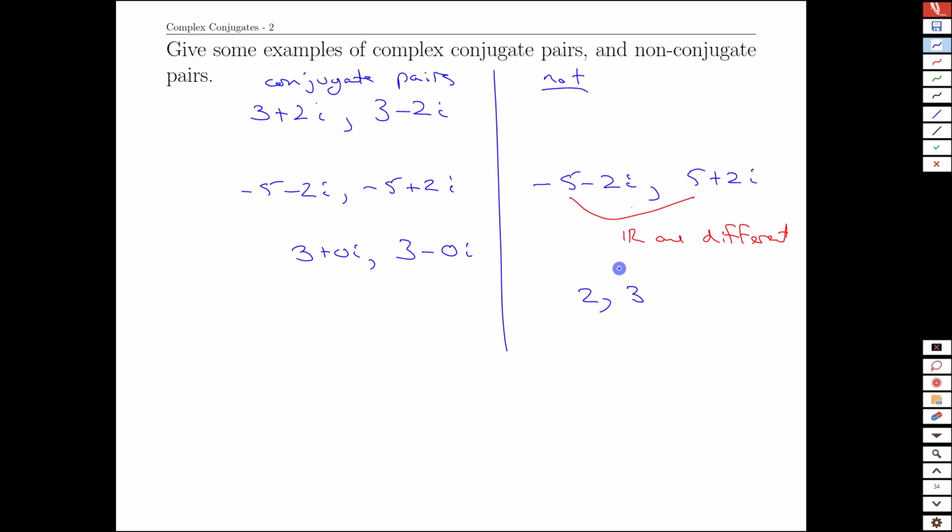Now, those are rare and trivial examples. Most typically, when we're working with complex numbers, we want them to be complex. We want them to have some kind of imaginary component. Other examples of non-paired would be totally different complex numbers like 1 plus 2i and 3 minus 4i. They are not a complex conjugate pair. It has to be the same real, same imaginary, but with flipped sign.